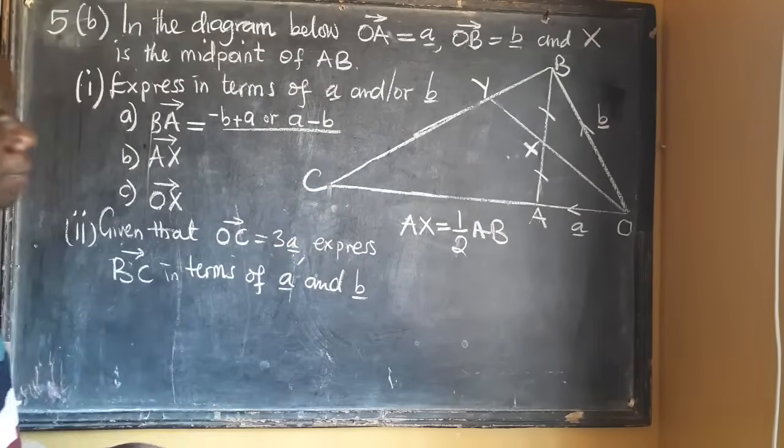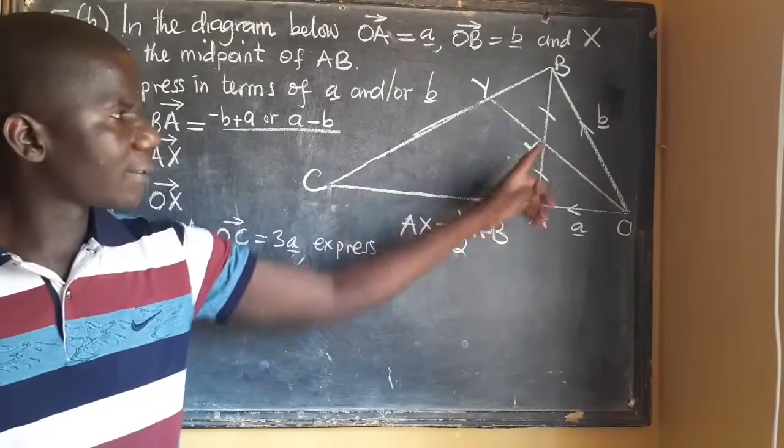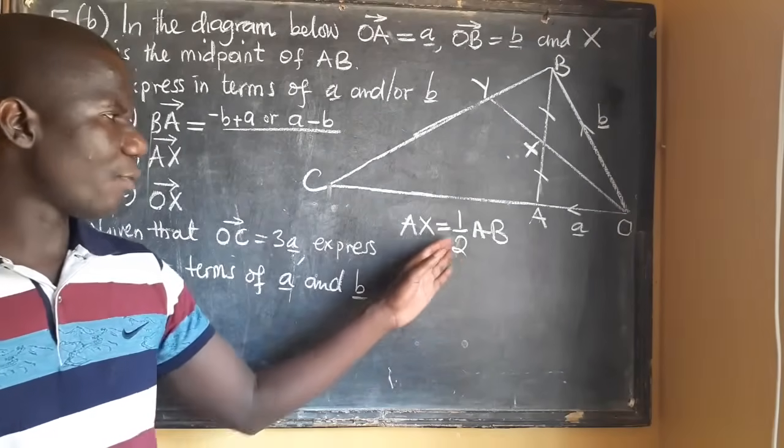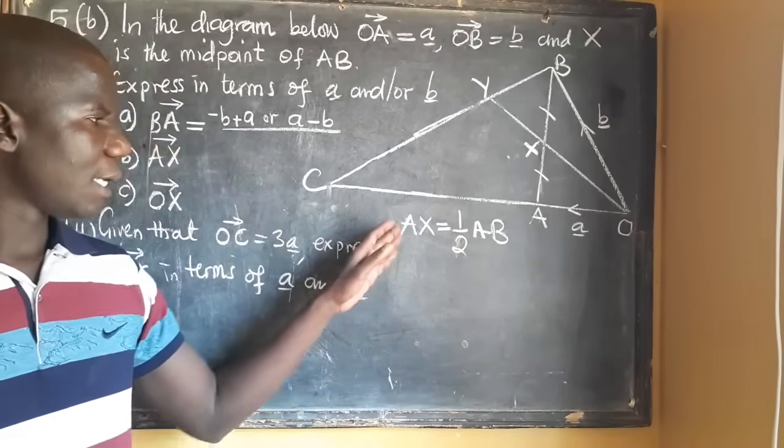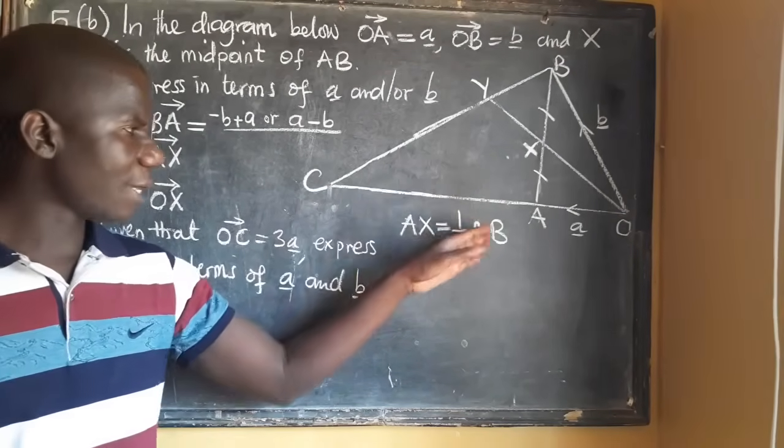Half of AB. AX is supposed to be half of AB.